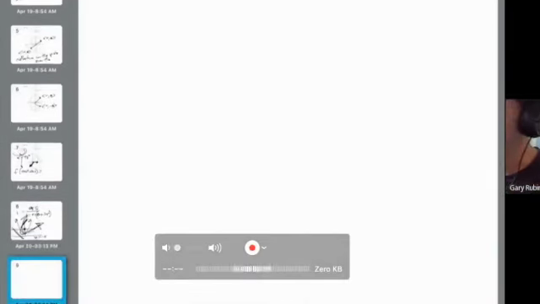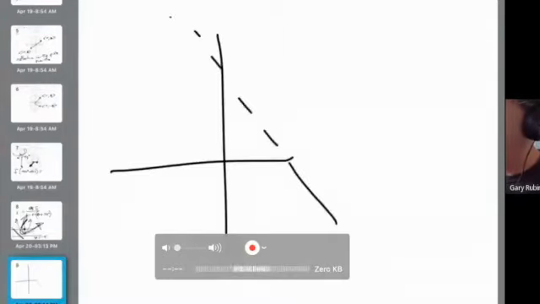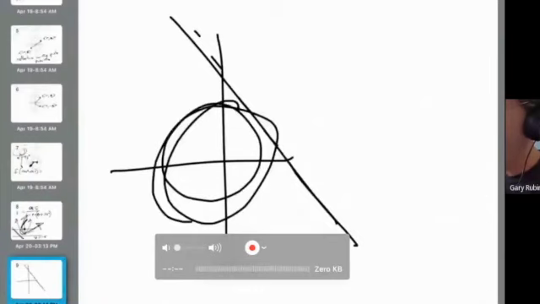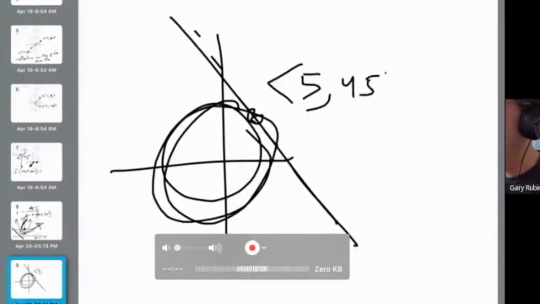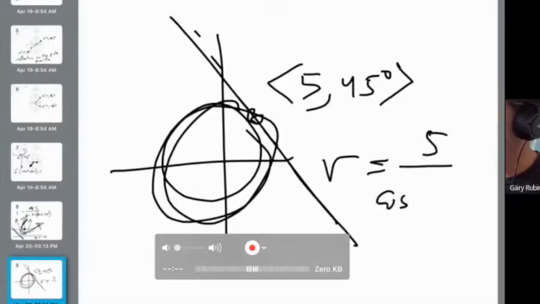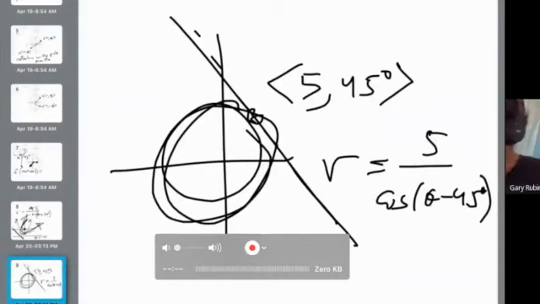You might remember, a long time ago, we had a line like this tangent to this circle, and here's the point, like 5 comma 45 degrees, and the equation was something like r equals 5 over cosine of theta minus 45, something like that.